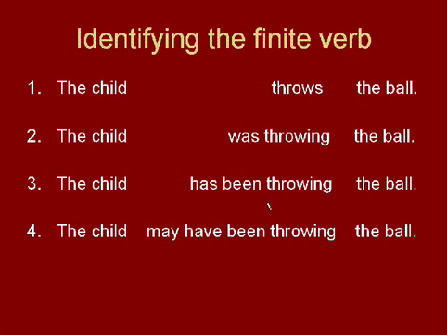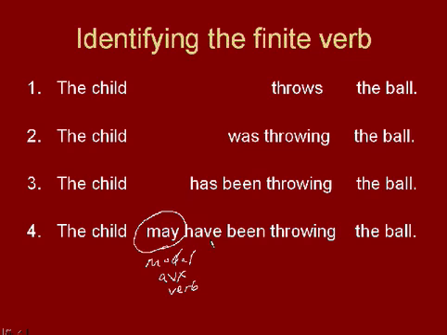Now, in the last example, this doesn't quite work because you have the word may. May is known as a modal auxiliary verb or a modal help verb. And it's called a modal because although it's a finite verb, it does not change for person, number, or tense.